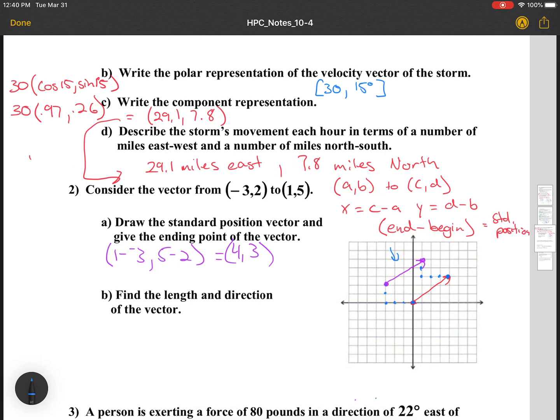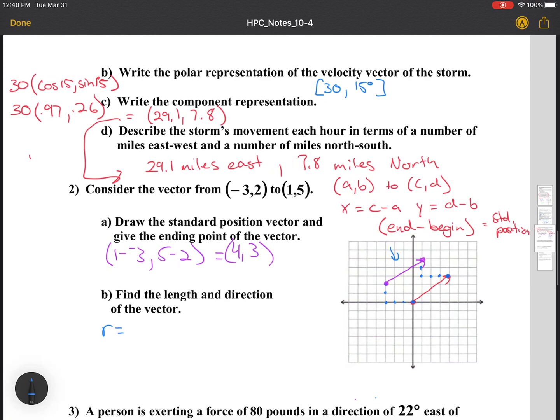Find the length and direction of the vector. Now they want to find the length and direction. That means we need to convert it to polar form. That gives us a magnitude, it gives us a direction. So our R equals the square root of our x squared plus our y squared, which equals square root of 25, which equals 5.